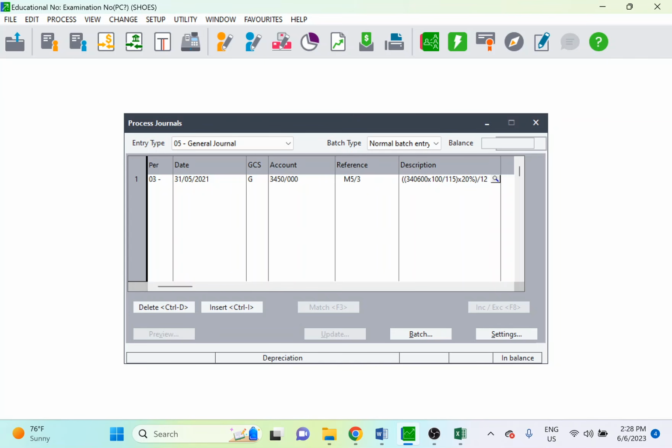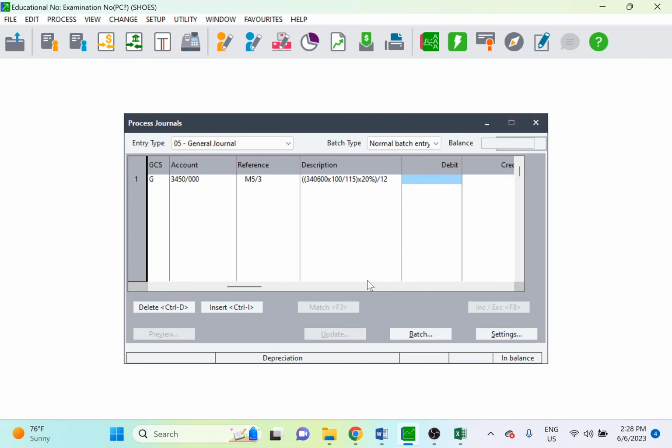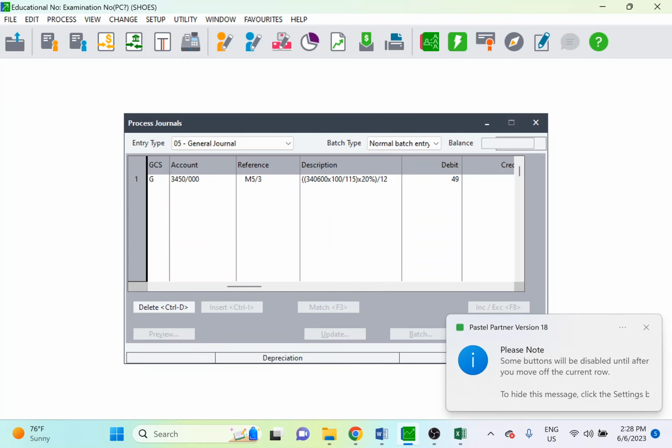That's how you do your calculation. And then total gives you how much? It has to be debited 4,936.23.